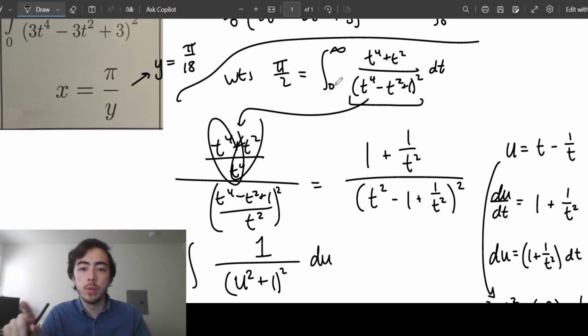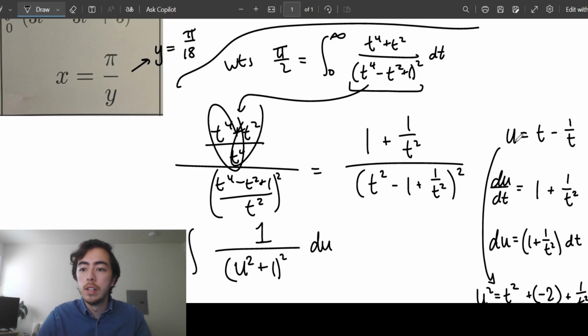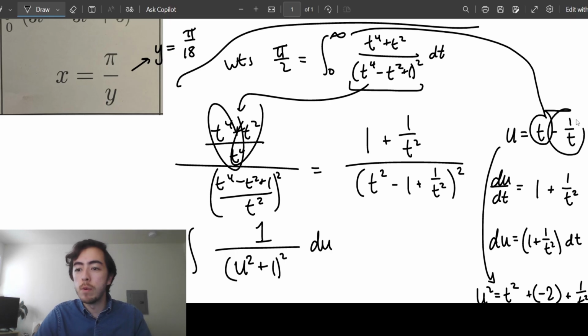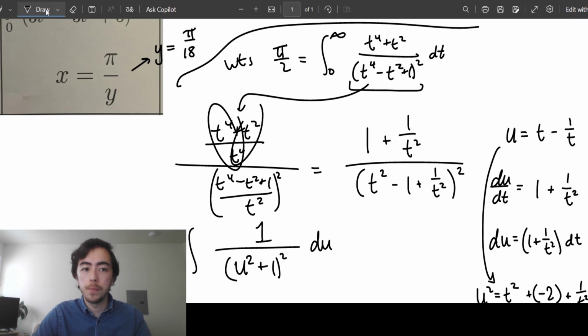So our bounds were 0 to infinity in terms of t. And so that means I could plug in those values here and then get different bounds to then use for my u integral. So plugging in an infinity on the top, this grows to infinity. And then this number right here is essentially 0 because 1 divided by a really big number is going to be basically 0.